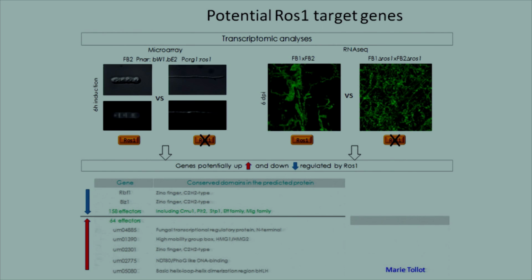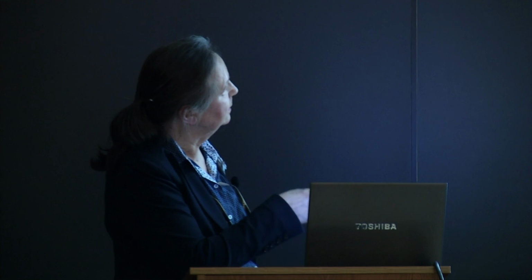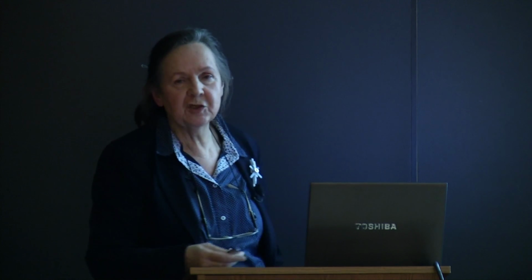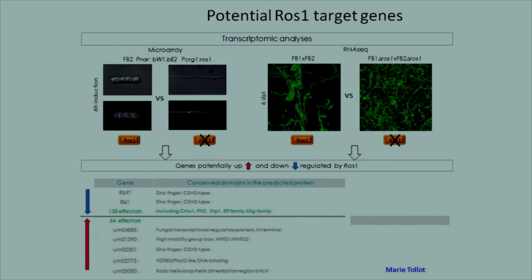And so you can induce the transition from budding growth to hyphal growth. However, if you co-express in these strains ROS1, you block this completely, and instead these hyphae get really fat and start to make septa, and these septa have individual nuclei. So you induce mitotic divisions. Okay, and so we did arrays after inducing these morphological changes, and then we combined everything.